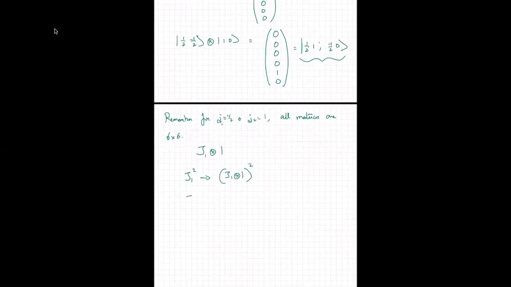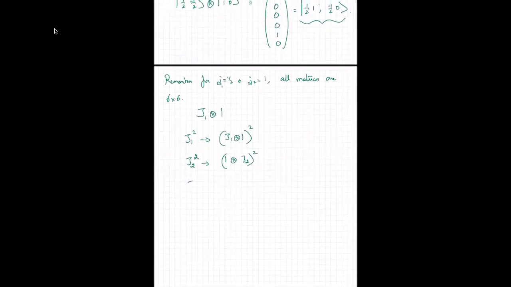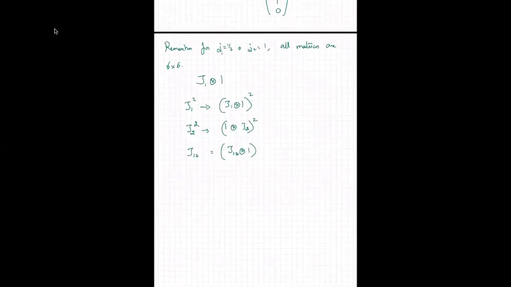Similarly, when I say J2 square, I mean this 6 by 6 matrix. And when I say J1z, I mean J1z direct product 1. Similarly J2z is 1 direct product J2z.